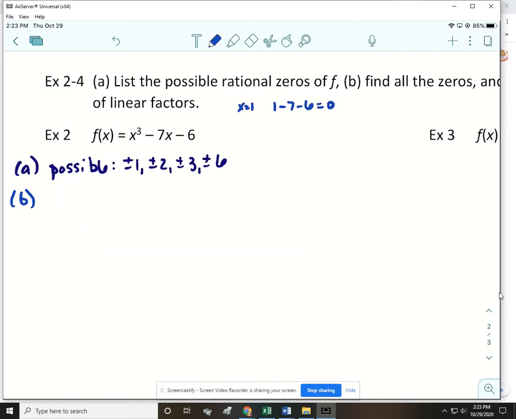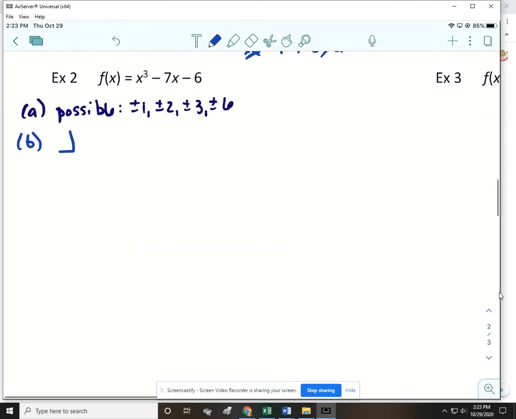I get negative 12. So 1 is not going to be a zero, so we don't need to worry about it. So then it's just a guessing game. It's like, who can guess what zero is going to work? So we'll just pick numbers out of the list and see if they're actual zeros.